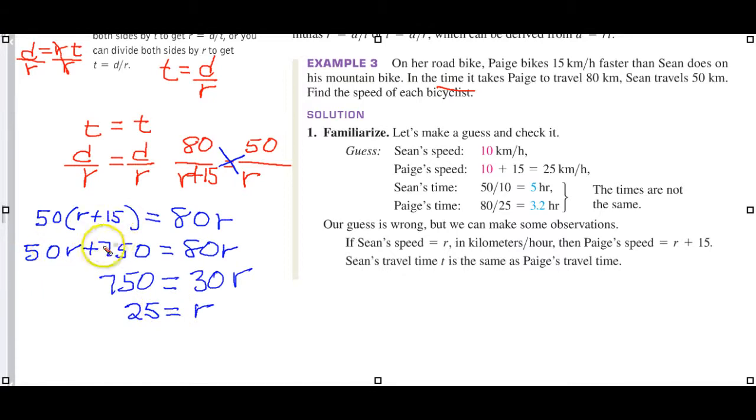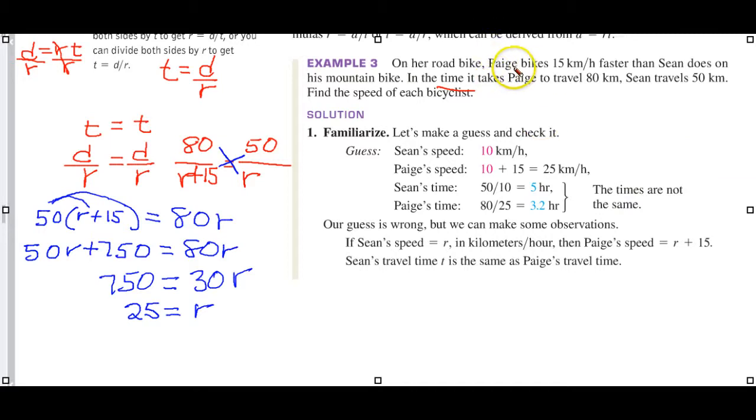So I went to my calculator and I distributed this, got this, subtracted 50r from both sides, got 30r equals this, divided both sides by 30, and I get r equals 25. Now, what is this?